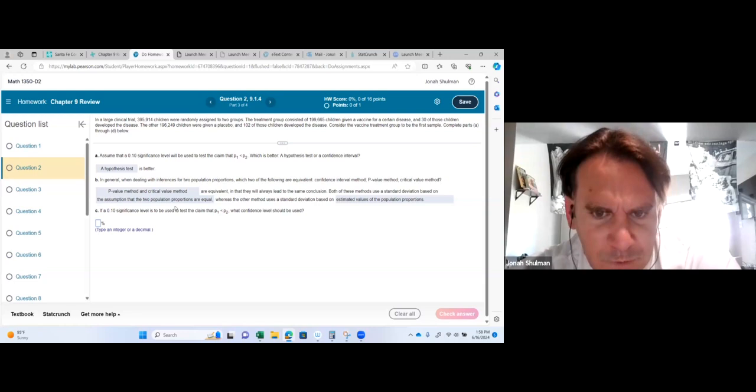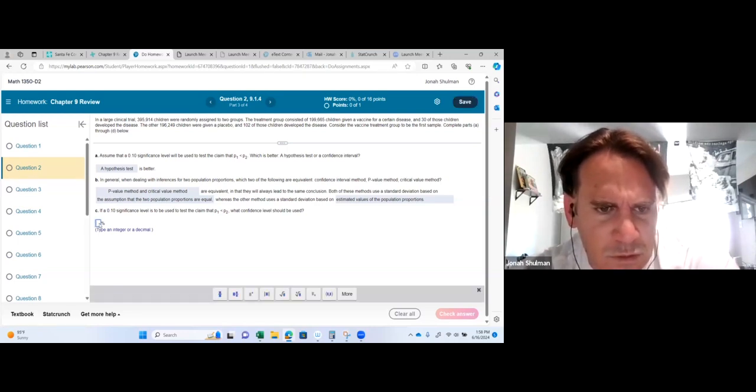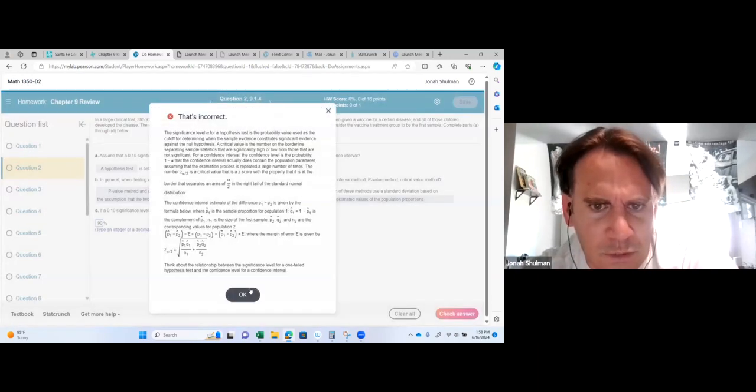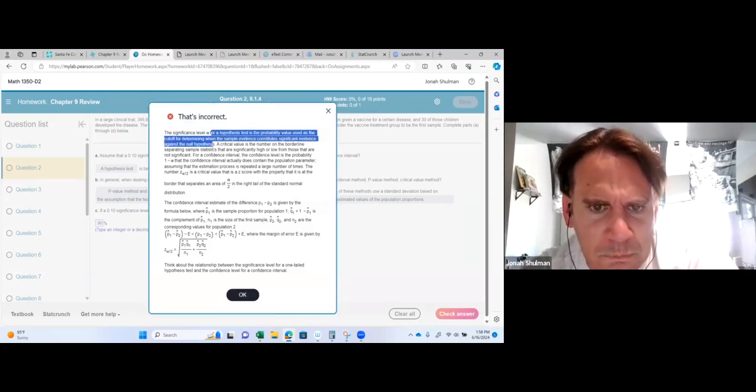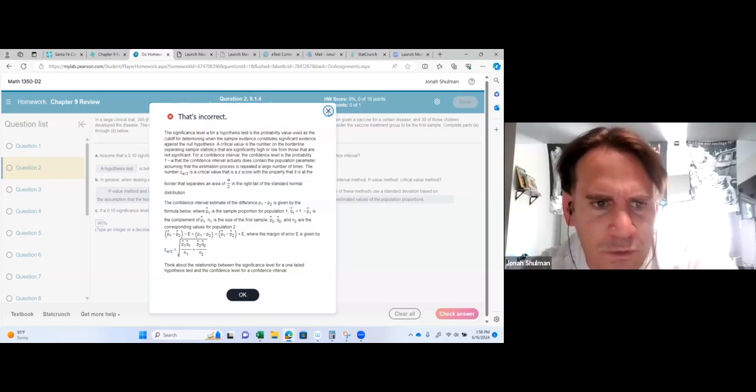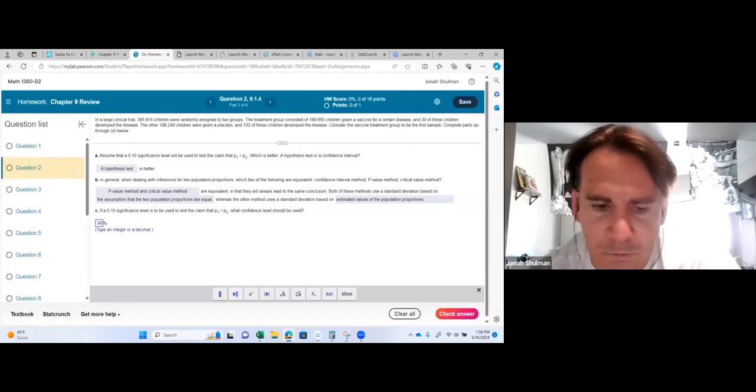At a 0.10 significance, what confidence level should be used? I believe I'm going with 90%. That is incorrect. Oh, it's divided by 2. Oh, because we don't know which one is bigger than the other. So I believe this is going to be 95%.